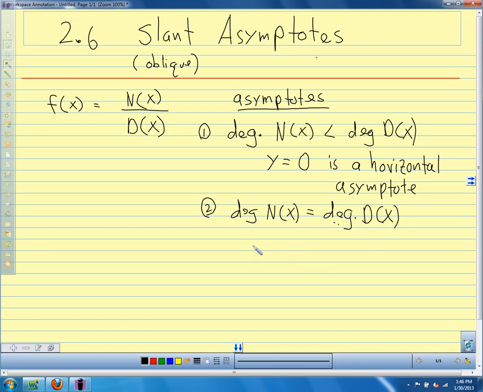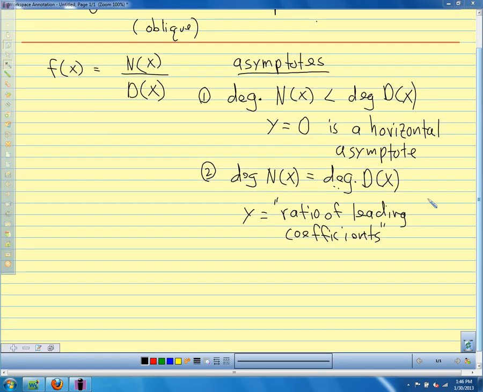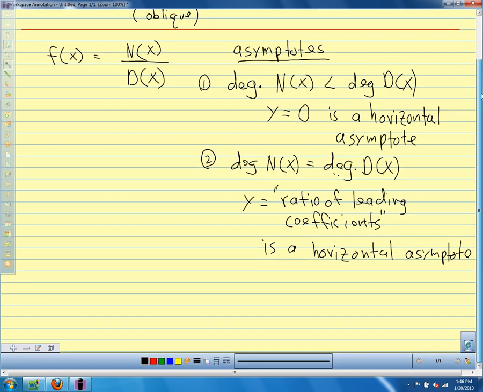Degrees are equal, y equals the ratio of the leading coefficients is the horizontal asymptote. And I'll put this in quotes because we need to calculate that ratio of leading coefficients. So those were the two main ones that we worked with last night.